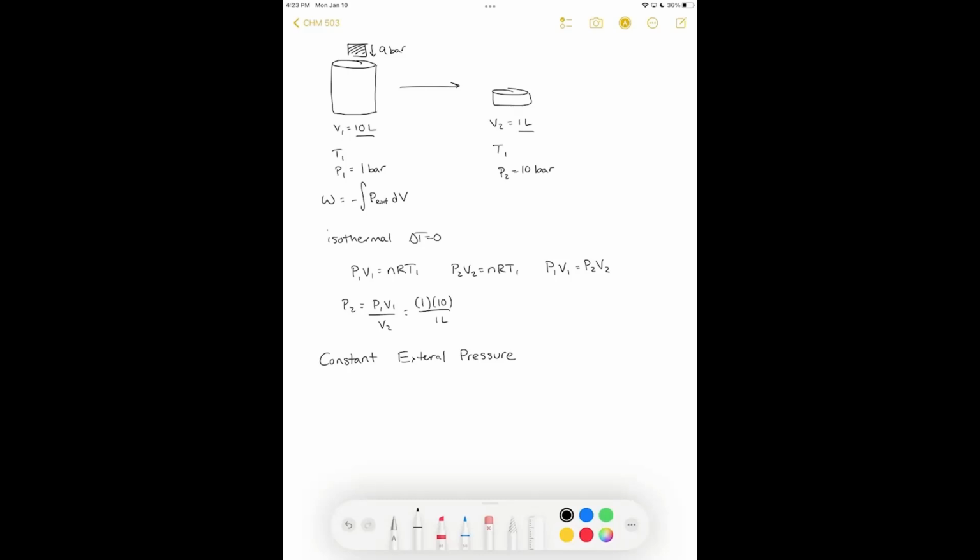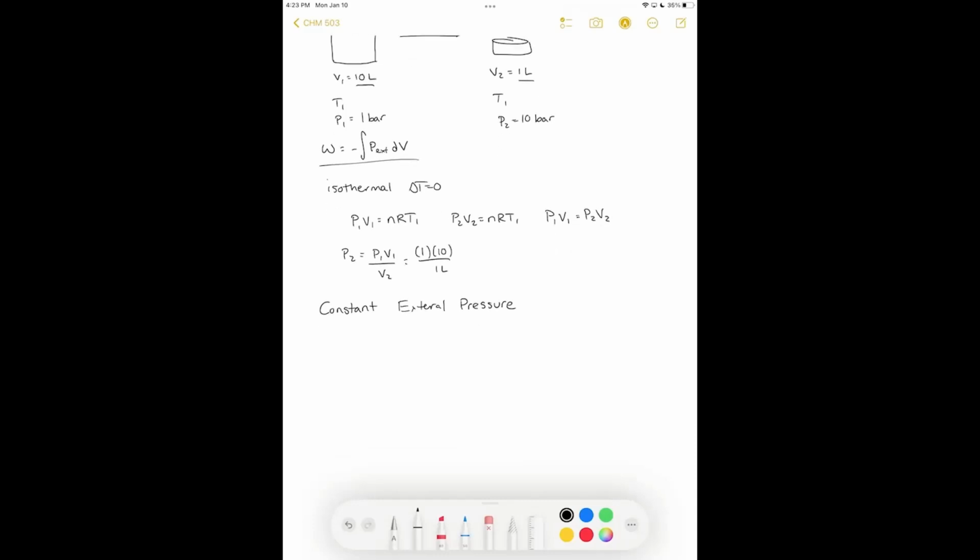How would we evaluate the integral, work is equal to the negative integral of P external dV? Well, it's actually pretty easy because our external pressure we decided was constant. So if we're trying to evaluate the integral of P external dV, our P external is a constant number, and constant numbers don't change as a function of V. So we can rewrite this as negative P external times the integral of dV.